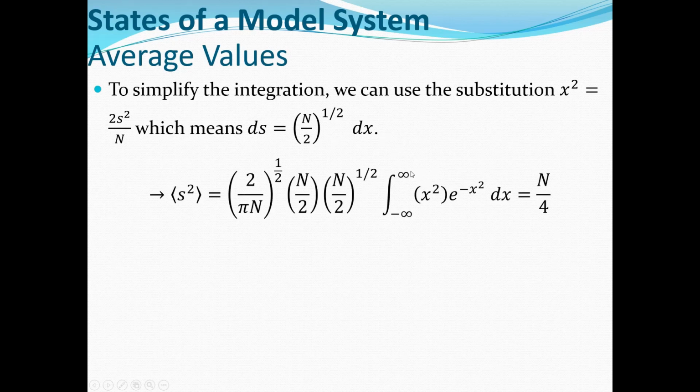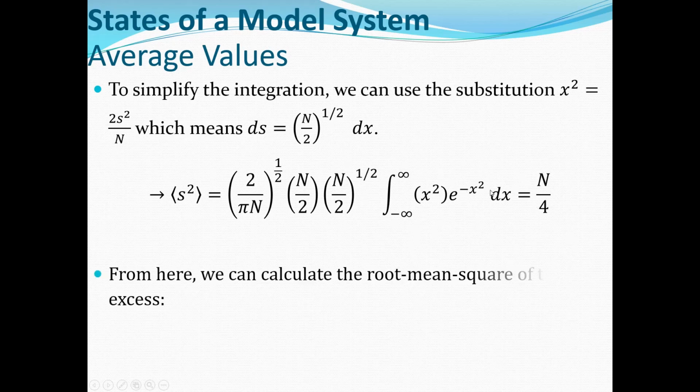So our integral ends up turning into this equation, which we can simplify. It ends up combining all this, simplifying to n over 4. What this actually gives us is something that we call the root mean square of the spin excess.